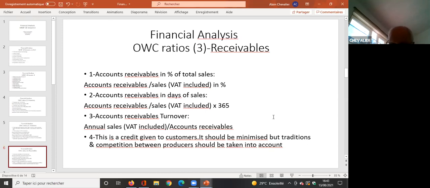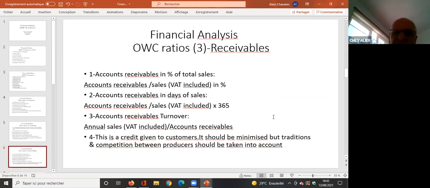And the limit is that if you reduce too much the accounts receivable, there are two ways to reduce accounts receivable. Either you reduce the credit given to the customer, or you improve your internal management. To improve your internal management means to be sure the customer pays in time, according to the contract. That's good management.